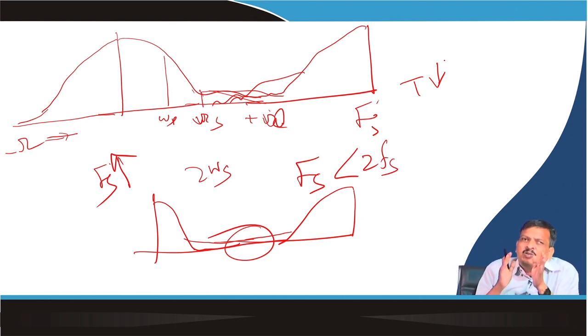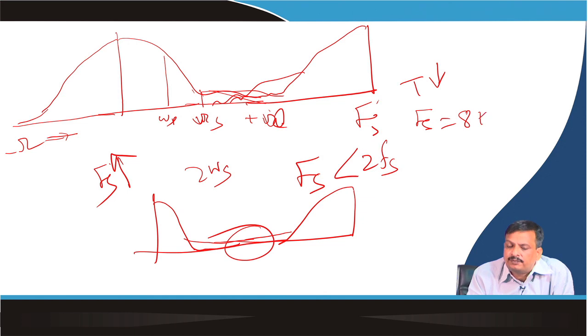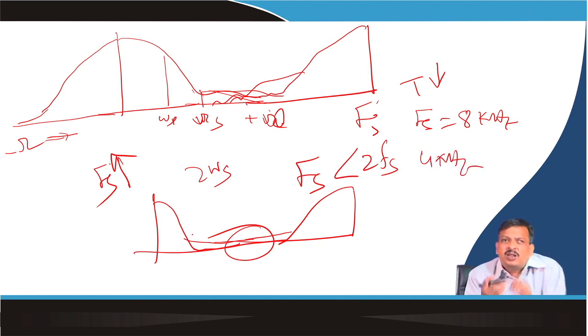If I want to design a low pass filter, let us say Fs is equal to 8 kilohertz. Then the maximum allowable stopband frequency is 4 kilohertz. But the problem is the stopband attenuation is 40 dB. If that attenuation is not 0, then also there will be aliasing.